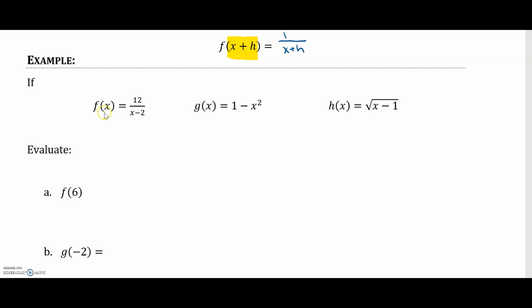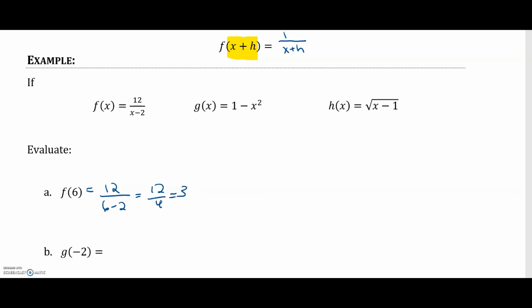So we have f of x is equal to 12 divided by x minus 2, g of x is equal to 1 minus x squared, and h of x is equal to the square root of x minus 1. In example A, we want to evaluate f at x for x equals 6. So this becomes 12 over 6 minus 2, 12 over 4, or 3.